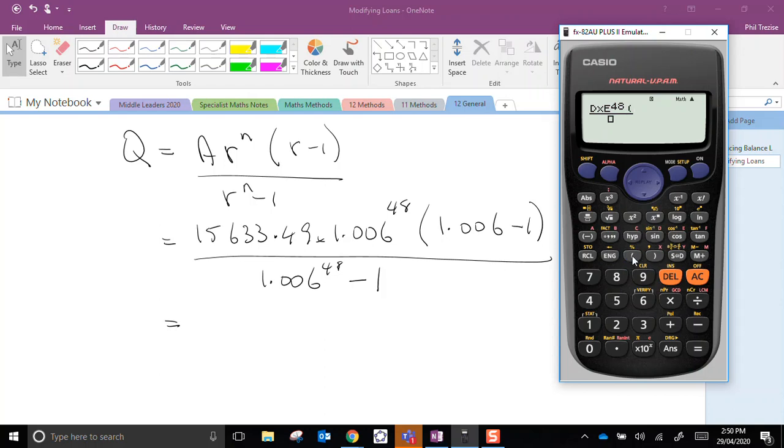Now a bracket, that is memory E again, minus 1. Now down here it'll be E to the power of 48 minus 1.